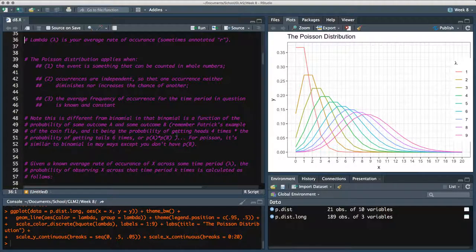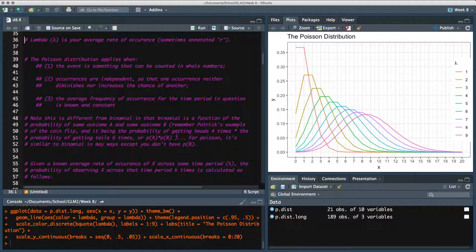If you remember Patrick's example of the coin flips, what's the probability of getting 4 heads out of 10 coin flips? That logically necessitates the probability of 4 heads and the probability of 6 tails. That's just how it works. But with a Poisson distribution, it doesn't necessarily work that way.